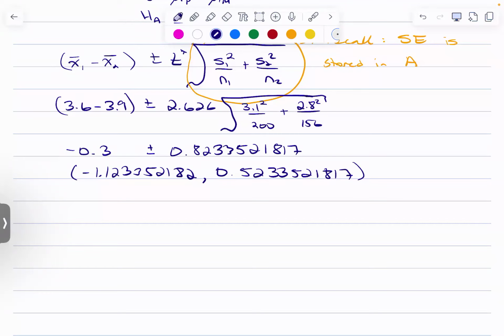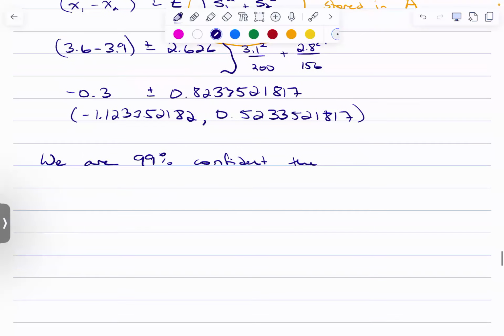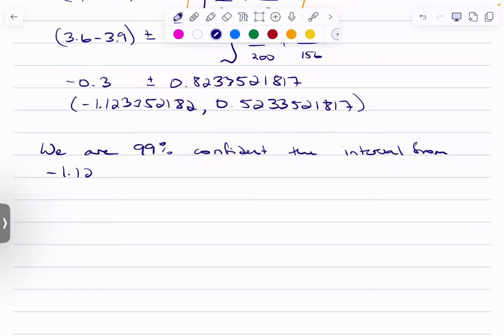We'll interpret the interval. We are 99% confident the interval from negative 1.12 to 0.52 captures the difference in mean speeds, right?